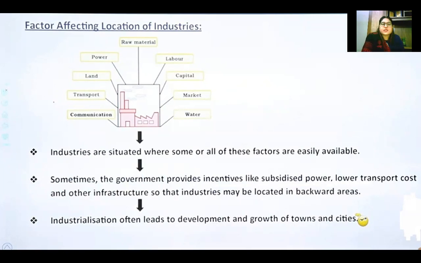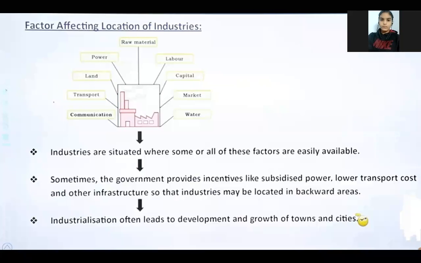Then industrialization, see, this is the last point, which is the explanation of your doubt. Industrialization often leads to development and growth of towns and cities. If an industry is coming to a town, it is providing more employment opportunities to the people living there. So ultimately, if people get employment, they get money.